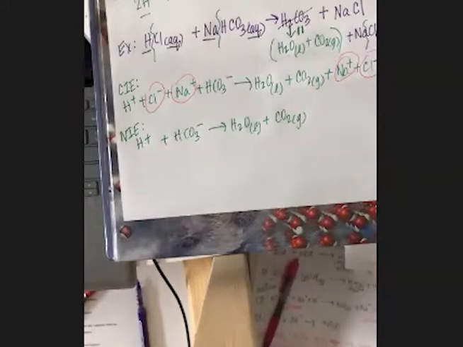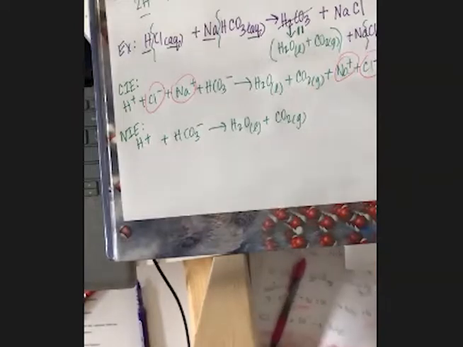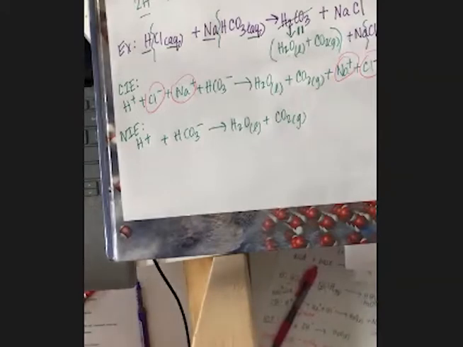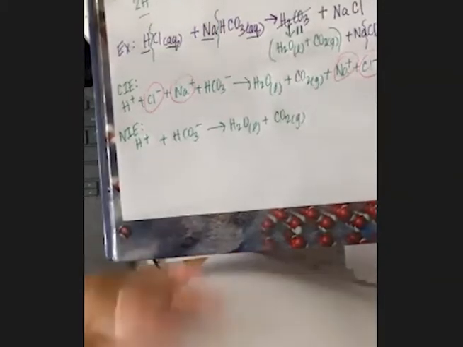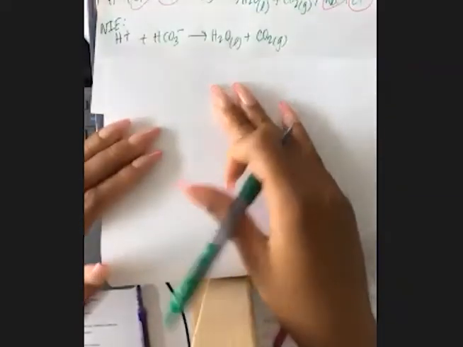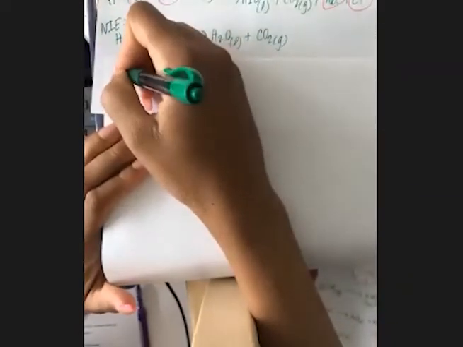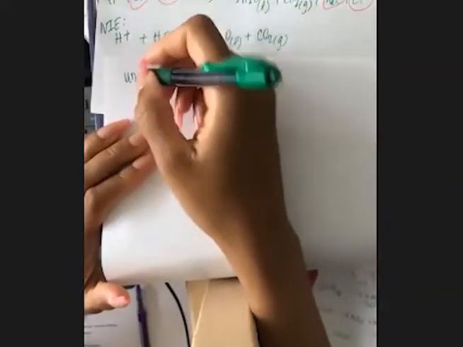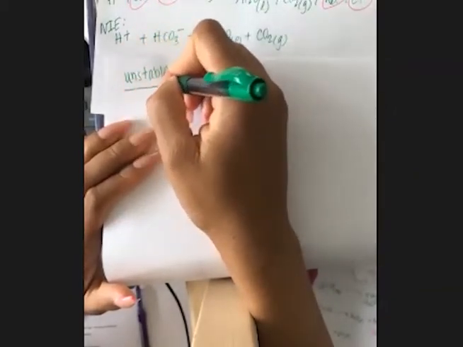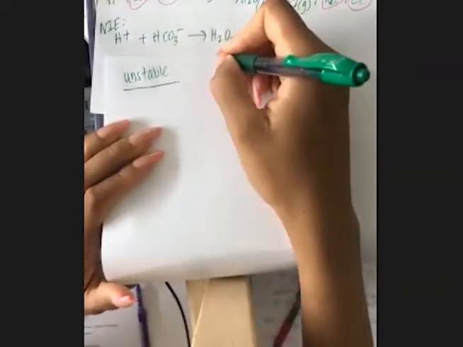So let me give you the table of the different types of unstable products that you'd have to know that break down into gases. I'm going to say unstable, and then the products that they form.